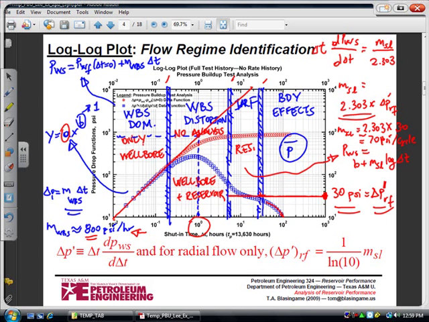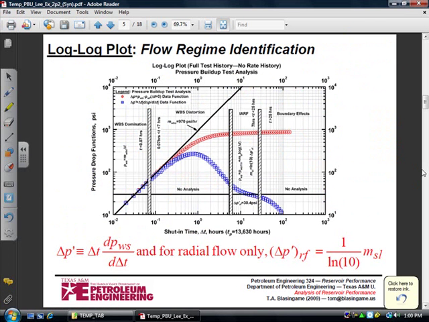The Muskat plot, you remember? Okay, so this is basically the key that I did last year.